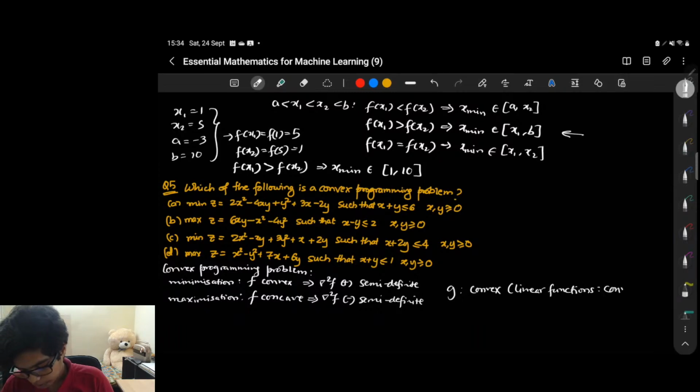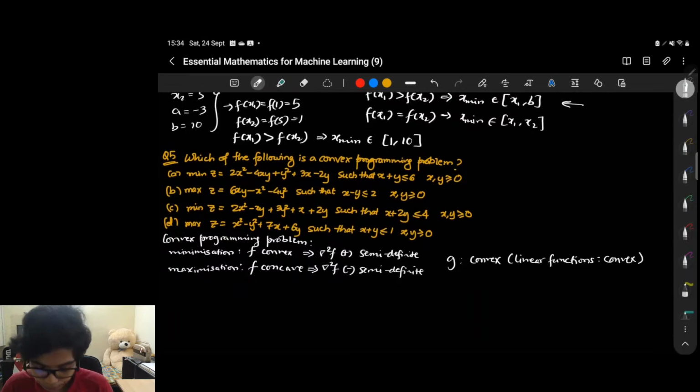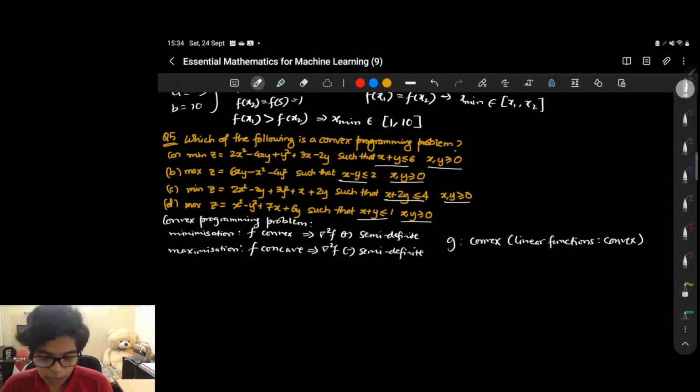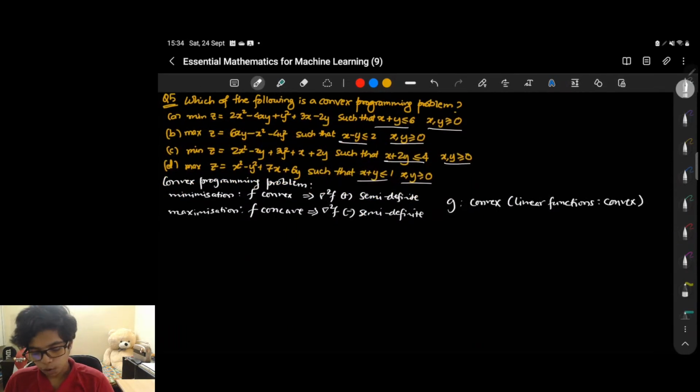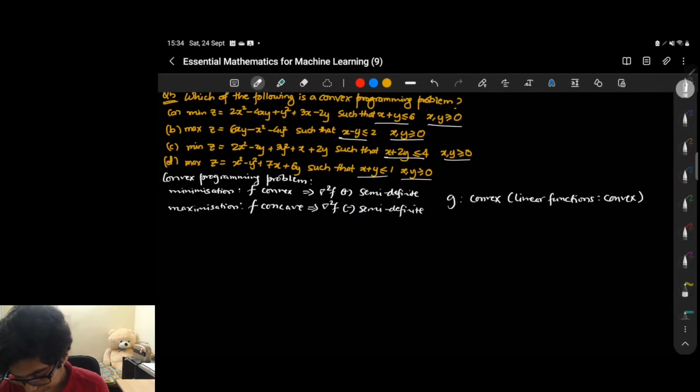All these constraints that we have are linear functions, so they are definitely convex. So we now need to look at the function and see whether the function is convex or concave, and decide whether it is a convex programming problem or not.